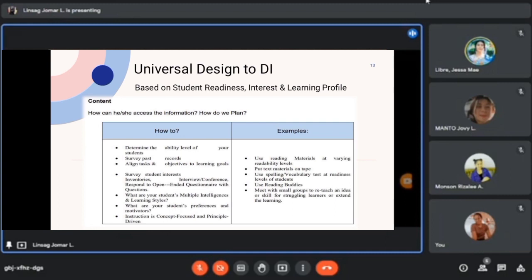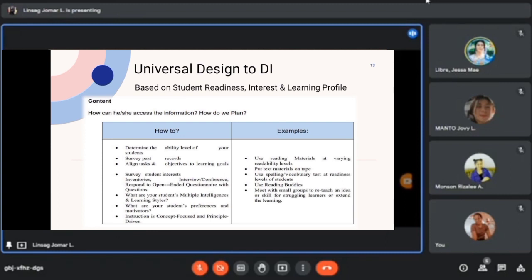Secondly, survey past records, align tasks and objectives to learning goals, survey students' interest inventories, and response to open-ended questionnaires with questions. What are your students' multiple intelligences and learning styles? What are your students' preferences and motivators?